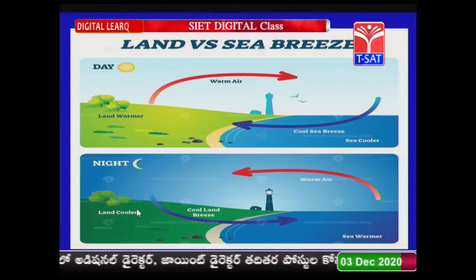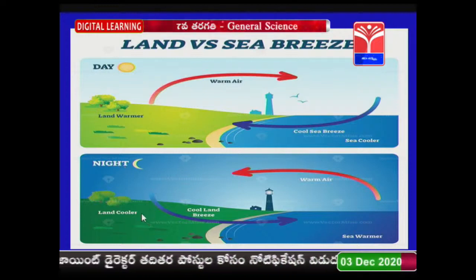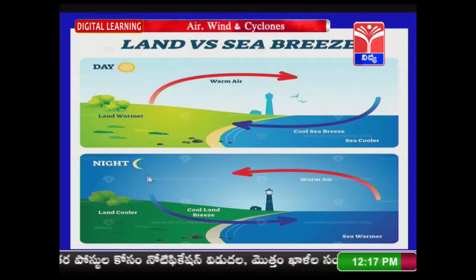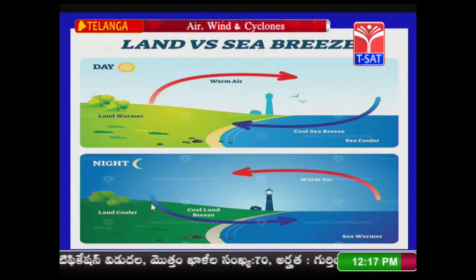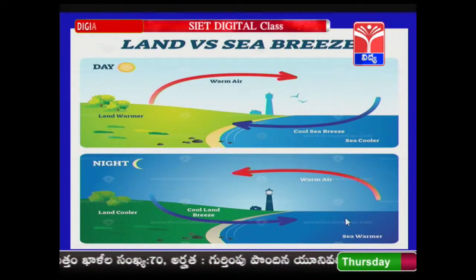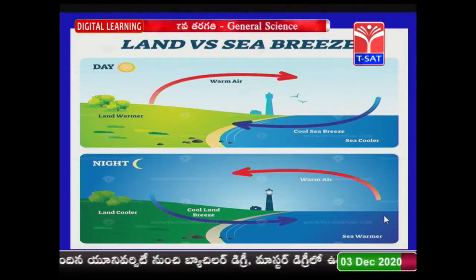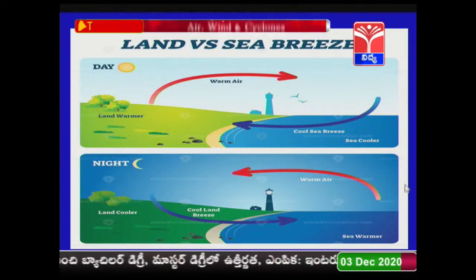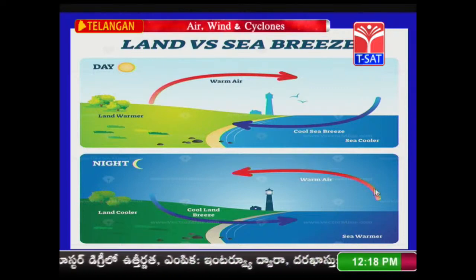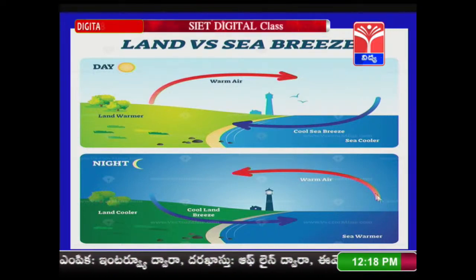Now, what happens during the night time? During the night time, the land gets cooled easily. So, the air present here is cool. And what about the sea, children? The sea water has more heat, so the air present over the sea will be hot.